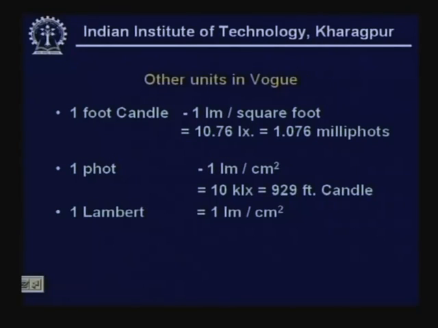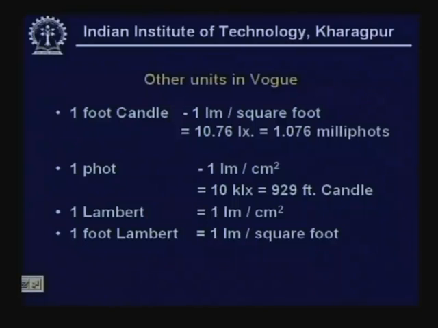And then you have Lambert. Again, brightness is talked about in terms of Lambert, which is 1 lumen per cm squared. If it is the illuminance, we would use the term phot, and for brightness we would use Lambert. 1 foot Lambert is nothing but 1 lumen per square foot.